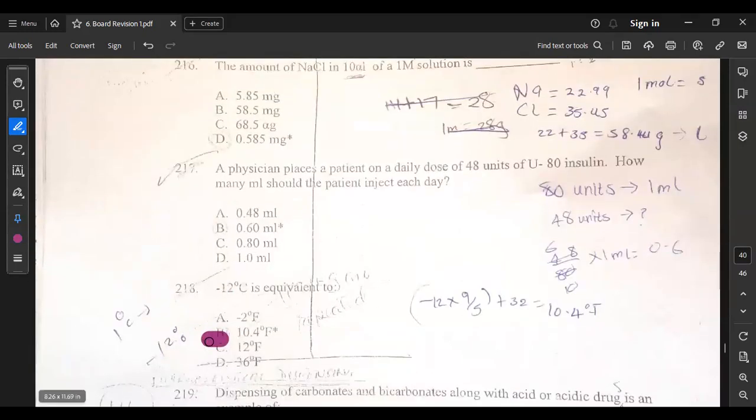Lydia, what have you gotten? Yes, I got option B, 10.4, if you use the formula: Celsius times 9/5 plus 32.